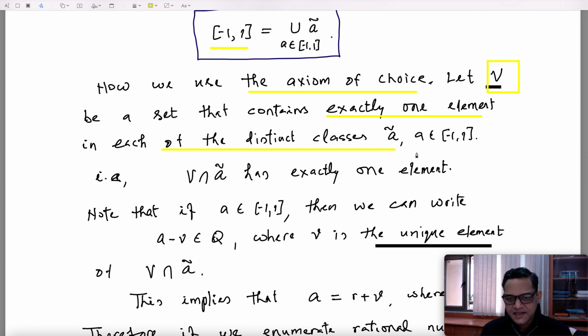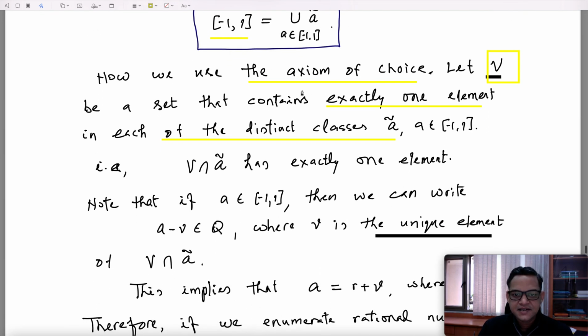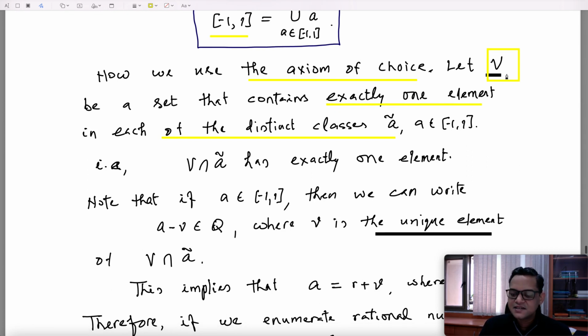So you can go back and browse through those things and see how this axiom of choice works. But right now we are just going to apply it, and we are saying that the axiom of choice guarantees that we can choose exactly one element from each of these distinct classes and construct this set V.